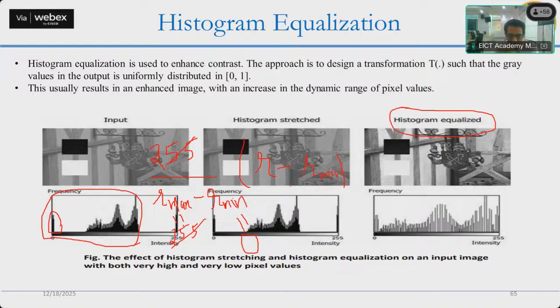So your new histogram will be simply a shifting. What type of shifting? For example, R is 0, so 0 minus 0. And the other value is 10, 10 minus 0 is 10. So there is no change in this image.